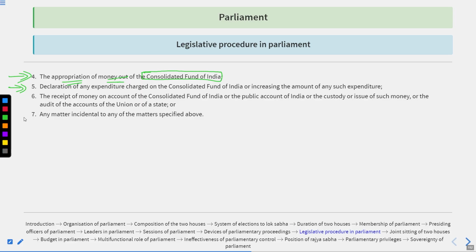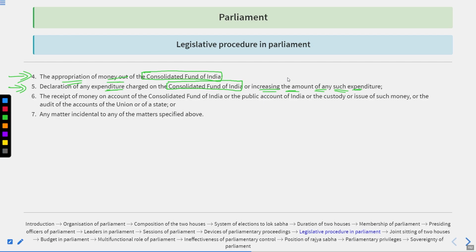Thereafter, declaration of any expenditure that will be charged on the Consolidated Fund of India. That would be mentioned in that particular money bill, or increasing the amount of any such expenditure. It means that previously the government was, you can say, spending rupees 100 crores. Okay. So that 100 crores would be the declaration of expenditure charge, and that will be mentioned on the Consolidated Fund of India.